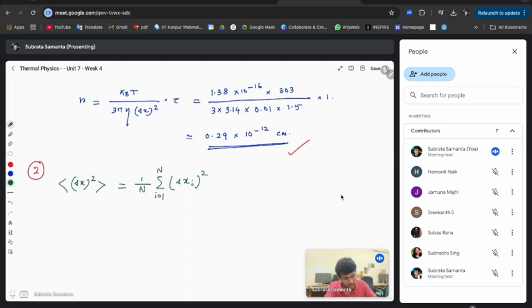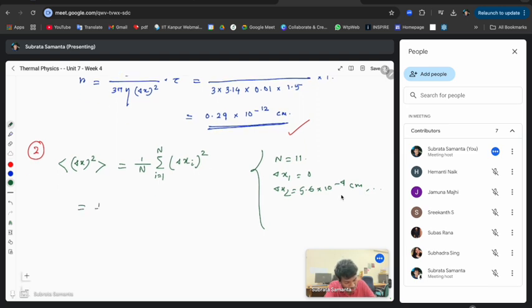So, what is the value of n in this case? n is 11, and we know delta x1 is 0, delta x2 is 5.6 times 10 to the power minus 4 centimeter, and so on. If you plug in these values, this is 1 over 11 times 0 plus 5.6 squared plus, so let us take 10 to the power minus 4 outside.